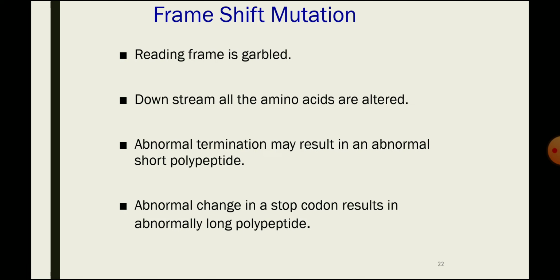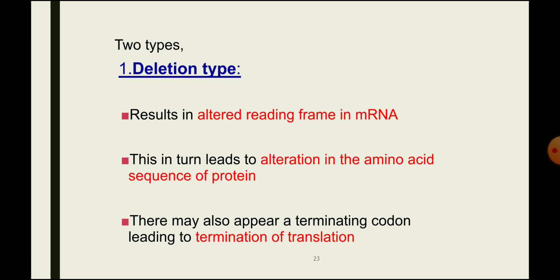Sometimes the stop codon may be mutated or converted to a coding codon, and then it may form an abnormally long polypeptide. So there are two types mainly. The deletion type results in an altered reading frame in the mRNA, which in turn leads to an alteration in the amino acid sequence of the protein.